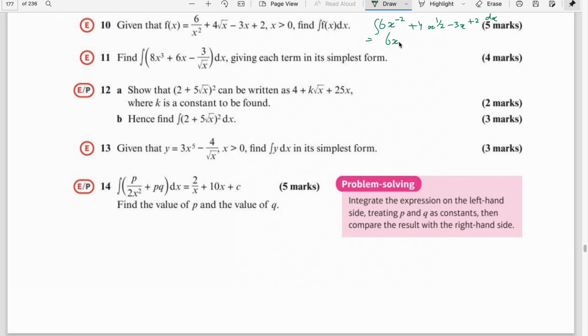So this is 6 raised to power minus 1 divided by new power, 4x to the 3 by 2 divided by new power, minus 3, this is already x so x square over 2, and that was a single constant 2, so 2x plus c. And after simplification, negative 6 over x, 4 times 2 is 8, 8 by 3 x to the 3 by 2 minus 3 by 2 x square plus 2x plus c.